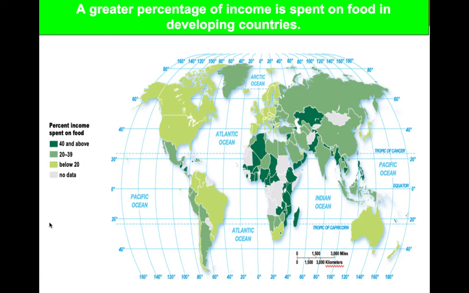A greater percentage of income is spent on food in developing countries. So when we look at undernourishment and we think about food prices in the 21st century, people on average have spent less than 20% of their income on food in developed countries, whereas in developing countries like sub-Saharan Africa, they spend over 40%, which are record high levels.